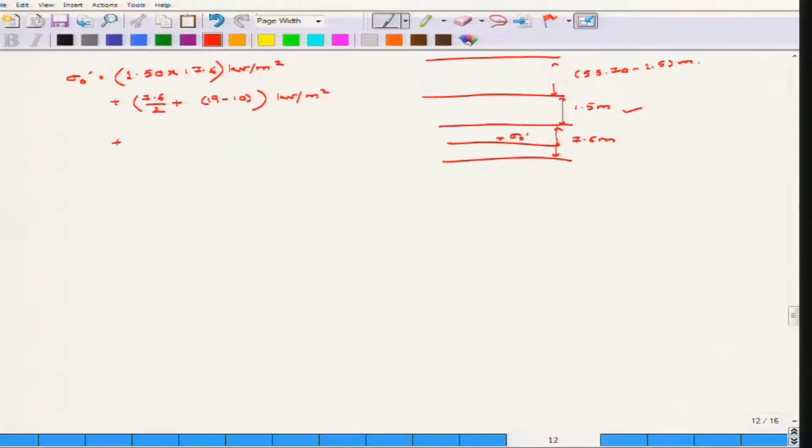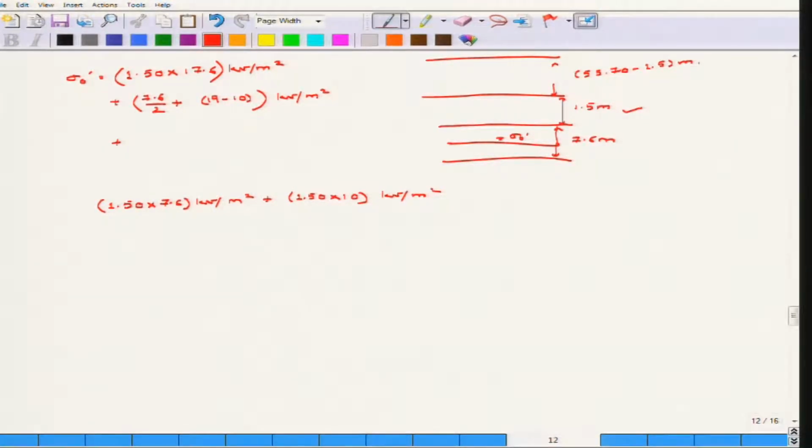Now, there is a reason why I added 17.6 here. If you consider the dry weight of sand, then it will be 7.6 kilonewton per meter cube, but since it is in the capillary zone, you have to add the water unit weight instead of subtracting it, while in the case of clay, since it is below the water table, you have to subtract the unit weight. That is known to everybody because this has already been taught in effective stress in capillary rise.